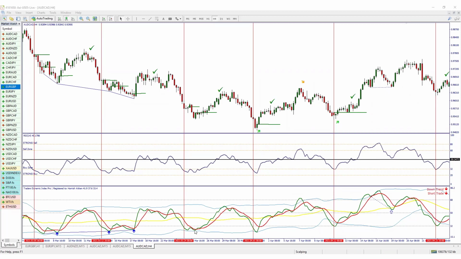How many times, if you'd have taken these trades with a stop loss: loss, loss, win, loss, loss, win, loss, win, a couple of winners. So I think this is why people slate it, because if you just take trades when this thing's extended, you're going to get loads of losers with a stop loss. But you're going to get loads of losers with a stop loss anyway. We know that. That's why we don't use stop losses, because all they do is make losses.